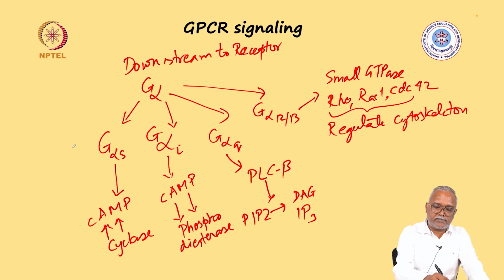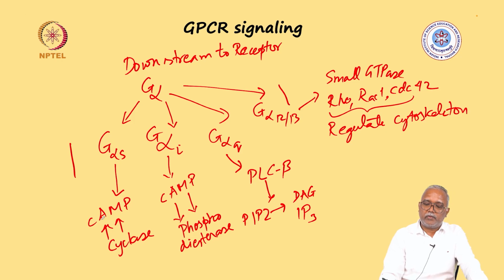So 4 major classes of G-alpha, ensuring that signaling goes in different directions. We will see some example of each one of them as we go along in this class.